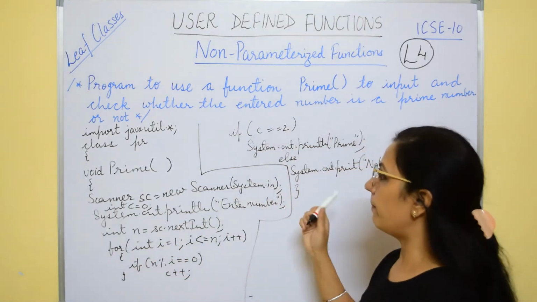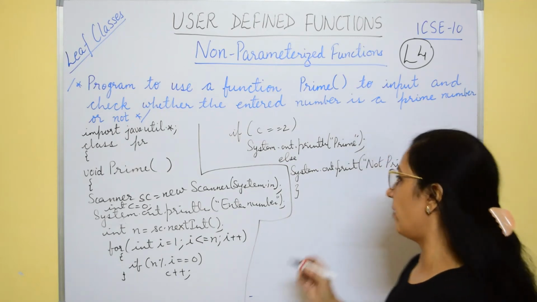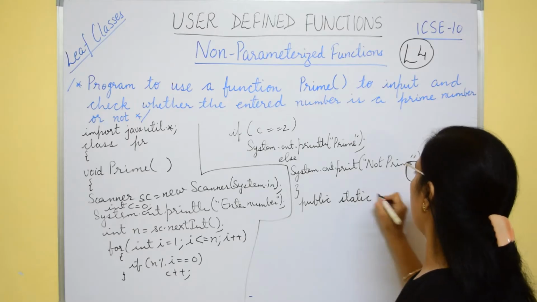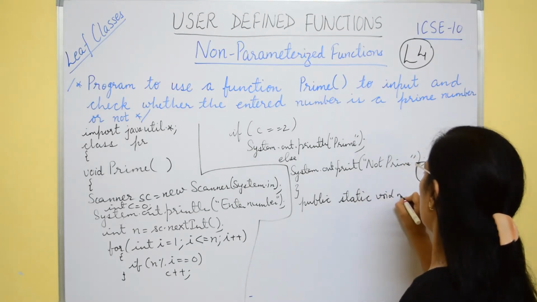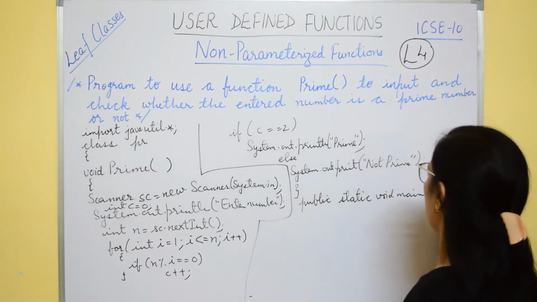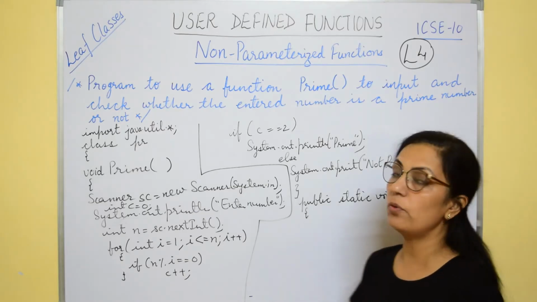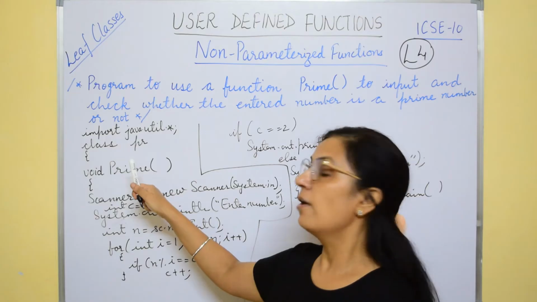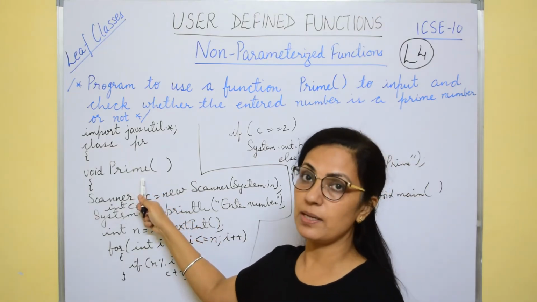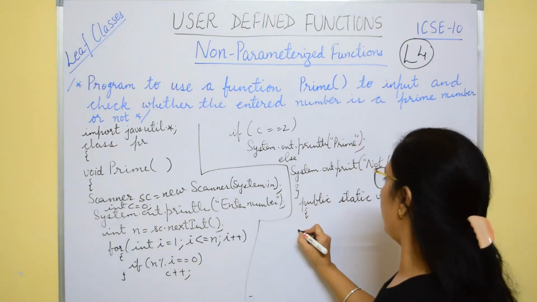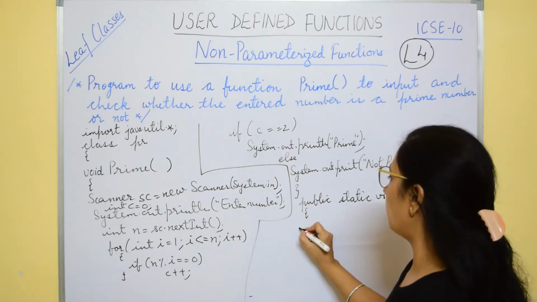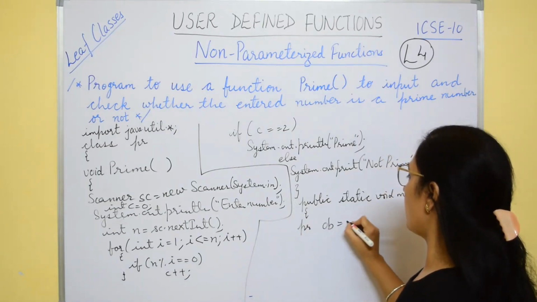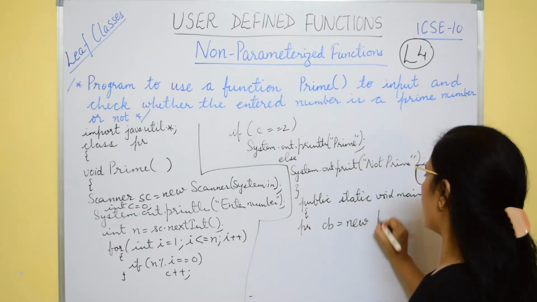After completion of this function, I will write public static void main. First thing we have to do, we have to create the object of this class where this function is present. How you will create? Class name, space, object name equals new class name.